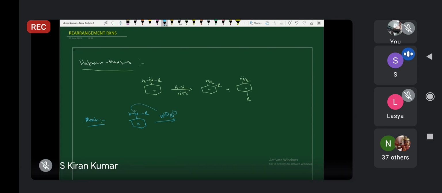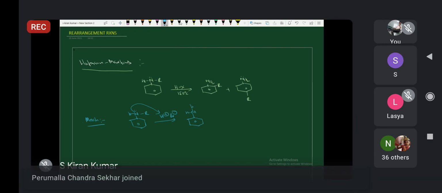Nitrogen's lone pair goes to the H plus. What is the charge present on nitrogen now? Positive charge. The nitrogen has positive charge.